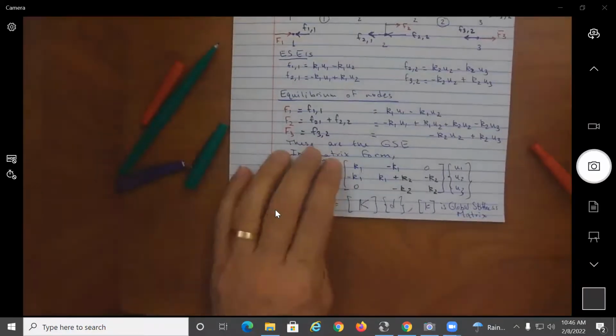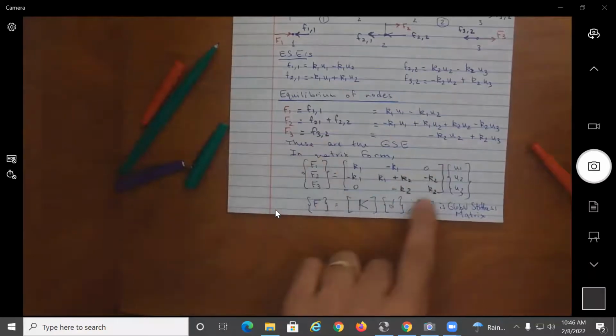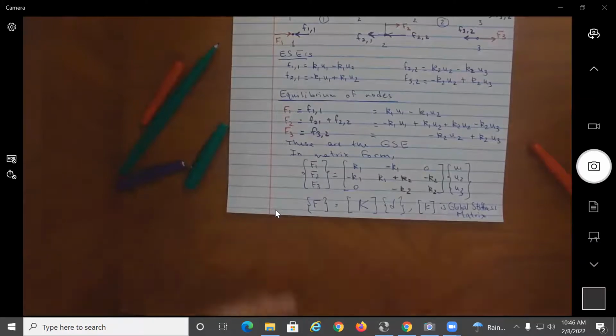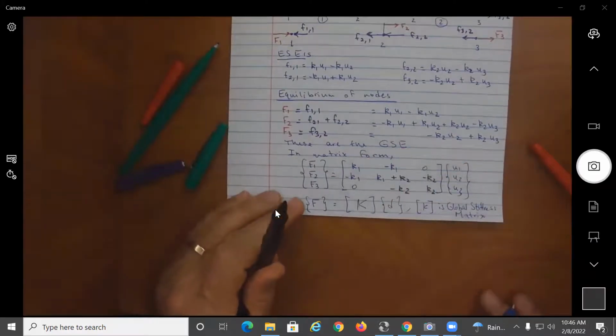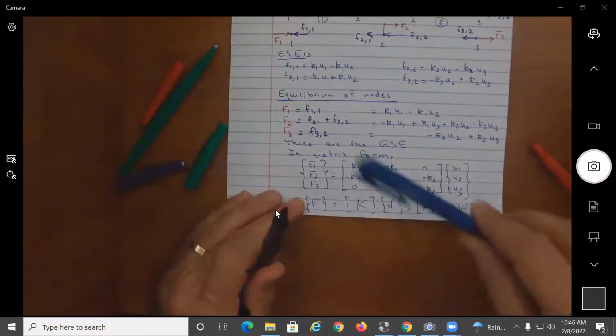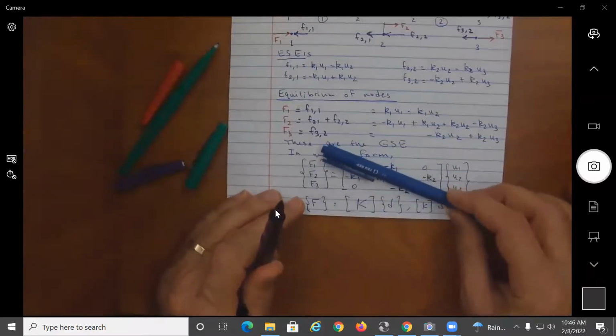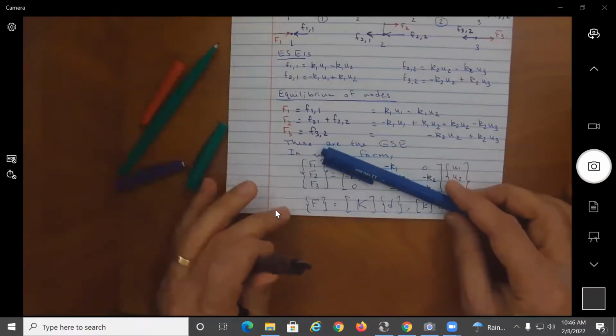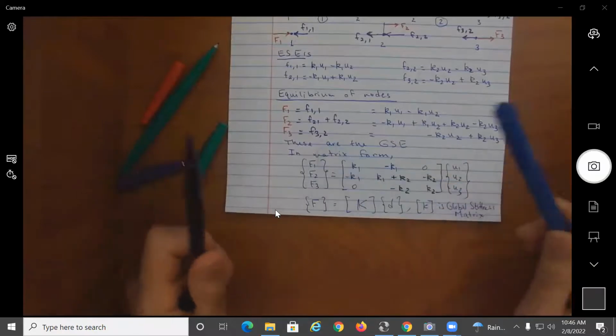If we look carefully at this global stiffness matrix, it's a 3 by 3 square matrix. The elements on the diagonal are always going to be positive, because it relates the behavior at a particular node to the displacement.